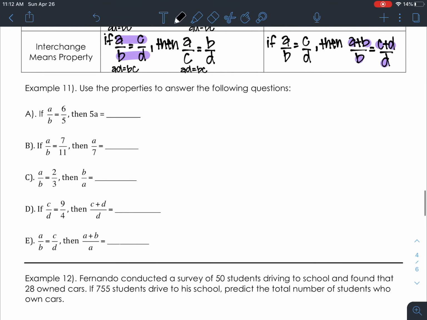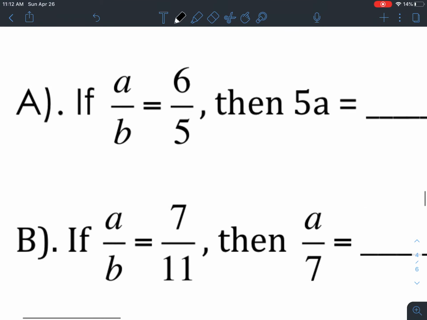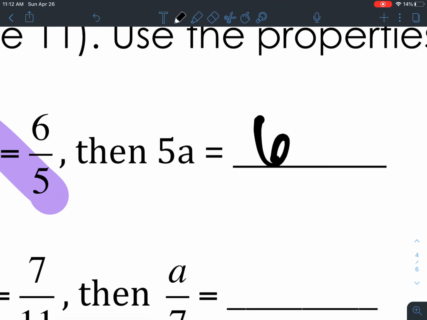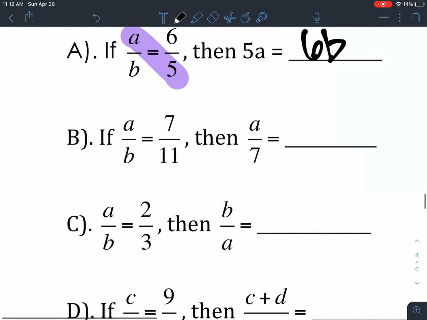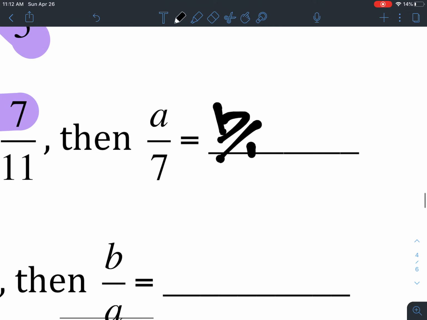So let's apply this. In example 11, it says use the properties to answer the following questions. If A over B is equal to 6 over 5, then 5A is equal to 6B, because it's just cross multiplying. Next one, if A over B is equal to 7 over 11, then A over 7 is equal to B over 11.